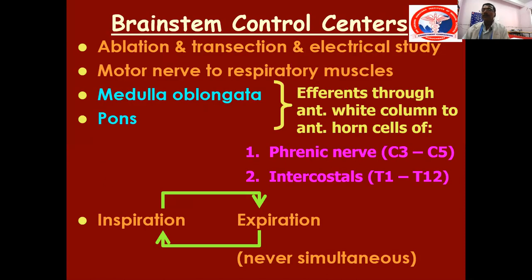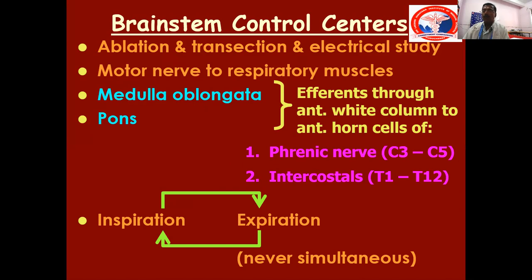Now coming to the medulla and pons, which use efferents through the anterior white column tract and anterior horn cells at the level of cervical third to cervical fifth, and the intercostals at T1 to T12, that is the thoracic segment of the spinal cord.